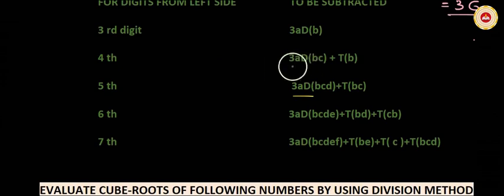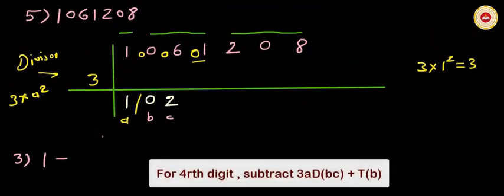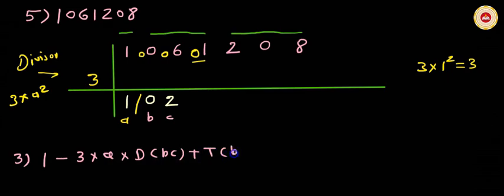For the fourth digit, 3 multiplied by a multiplied by duplex of bc plus triplex of b, which is equal to 1 minus.